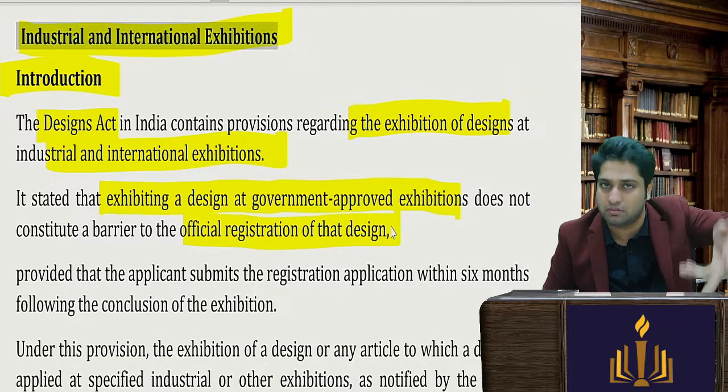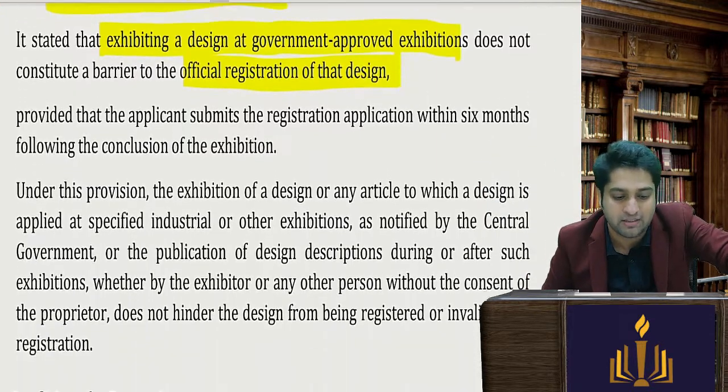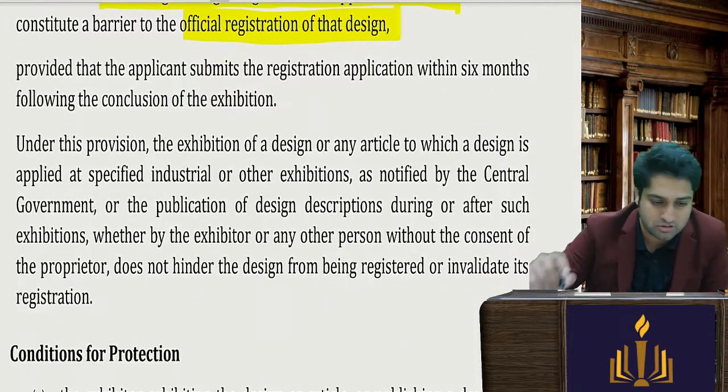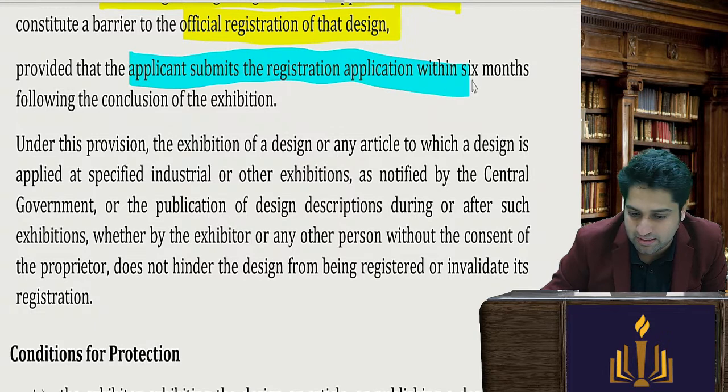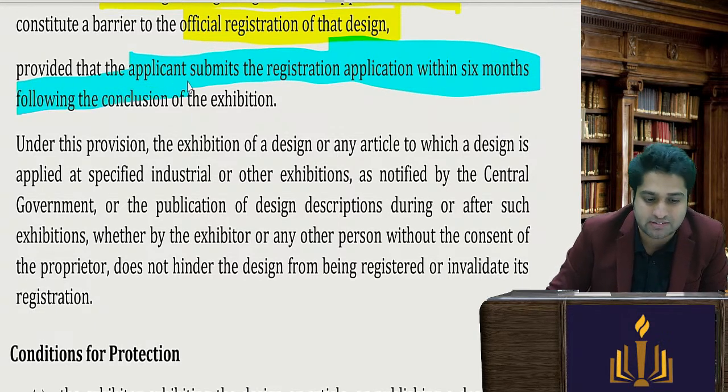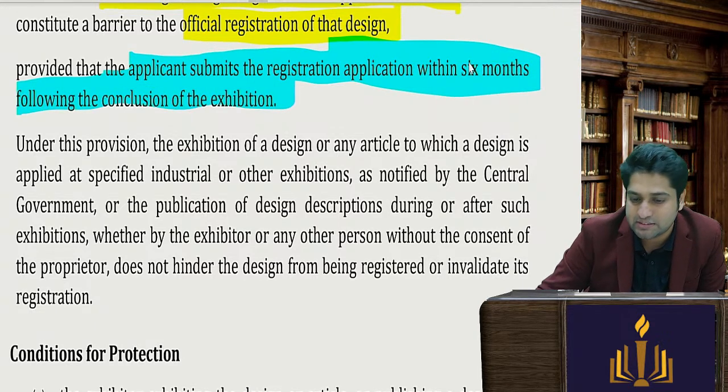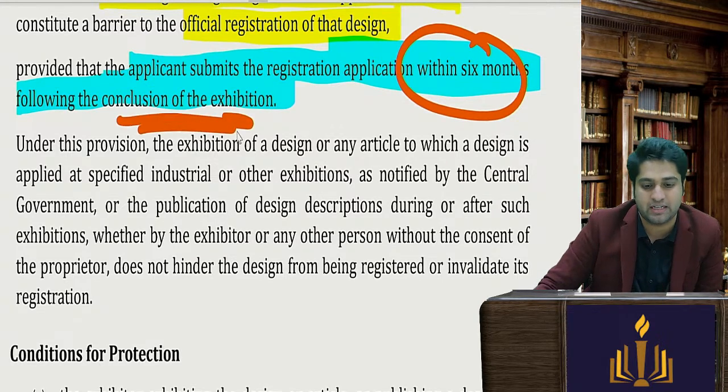I will say it was my design only, provided, now this is most important, not 1 year, sorry, take the correction, that the applicant submits the application within 6 months, not 1 year, within 6 months of conclusion of that exhibition. Very simple.